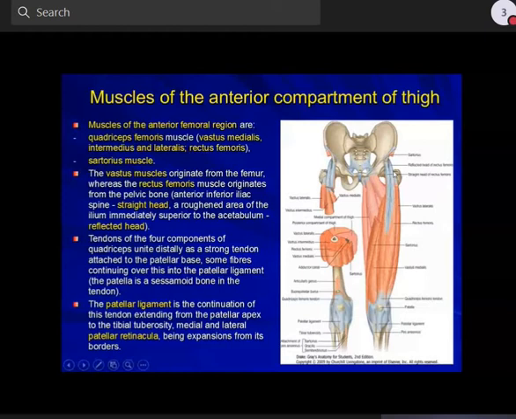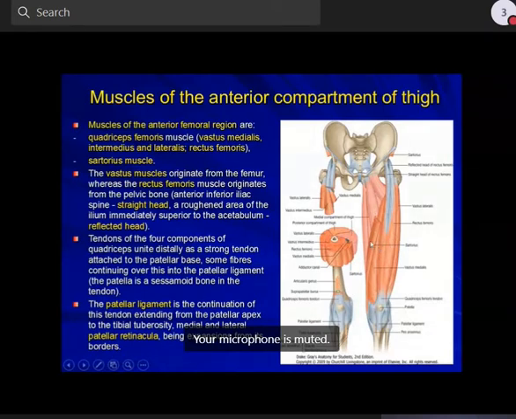The superior one is just origin, and the distal aponeurotic plate is for insertion of its muscle fibers.